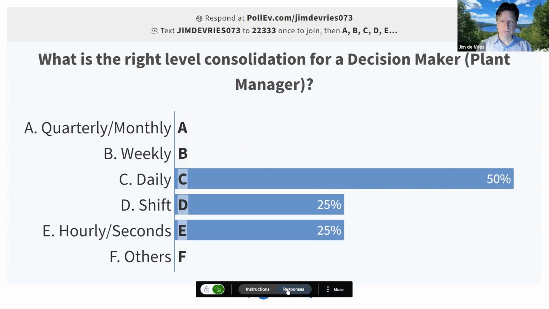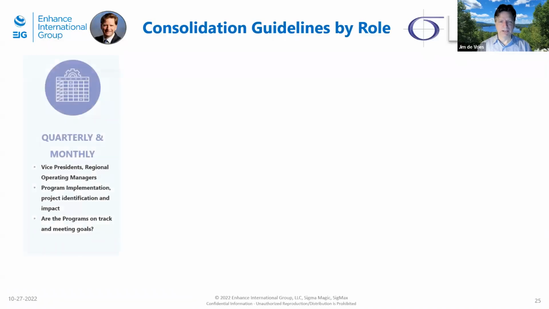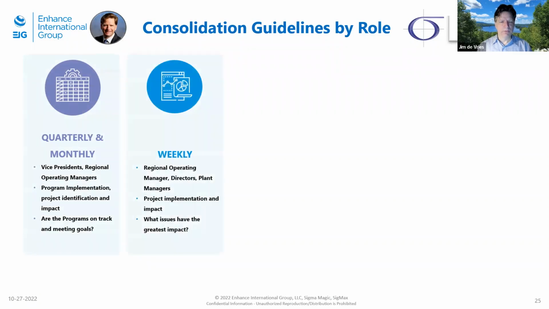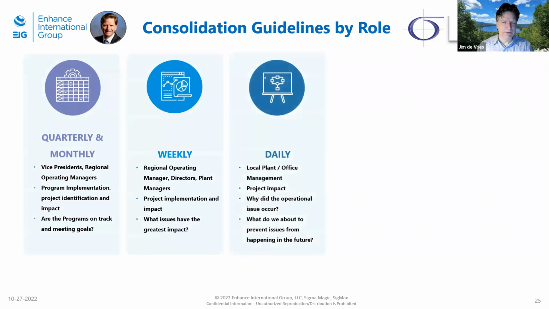Mm-hmm. So thanks everyone for your feedback and participating in the poll. And we just have some guidelines by role. I'll just go through them quickly, to get through quarterly, monthly, weekly, looking at things from a little bit different perspective.